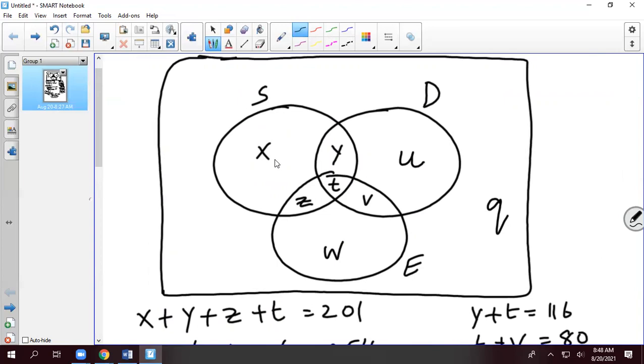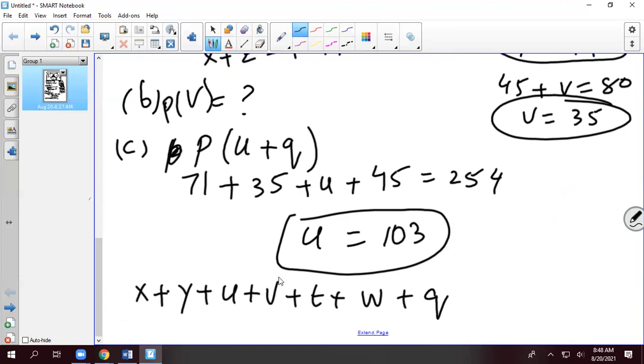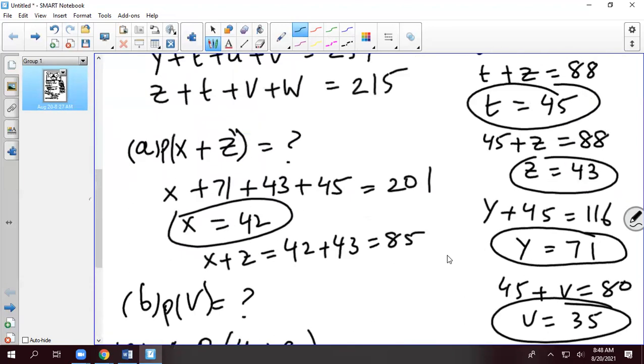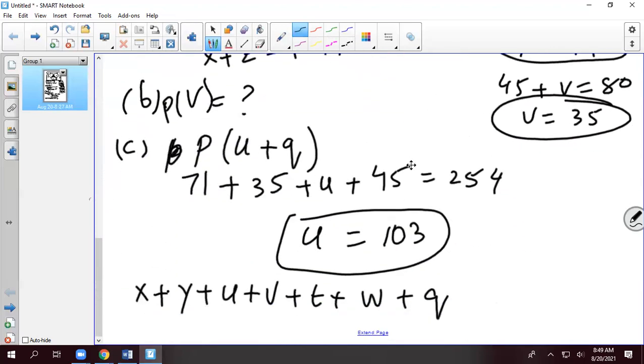Everything means X, Y, Z, T, U, V, W, Q. We're told that the total is 500 students.